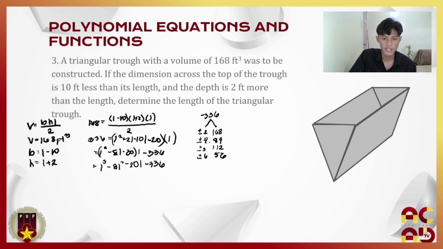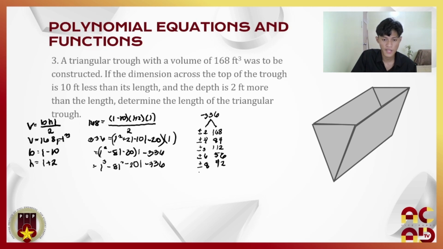Yeah. And then positive negative 8, I think pwede din. So that is 42. And then positive negative 10, I think hindi pwede since 6 yung last digit na to.